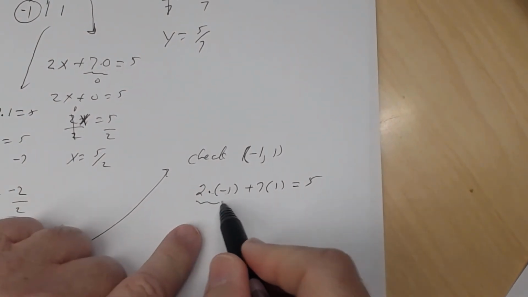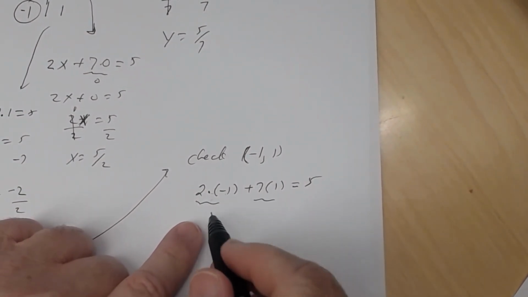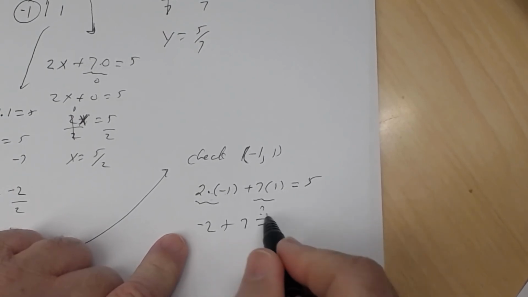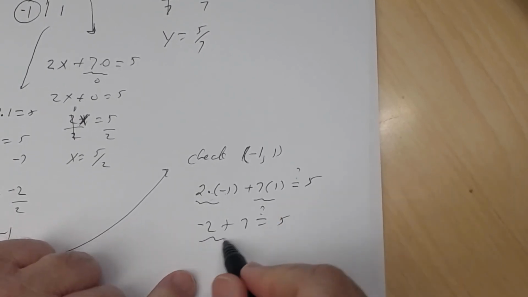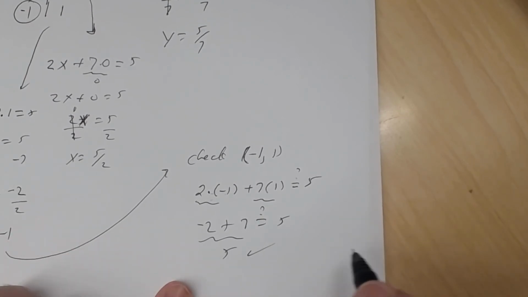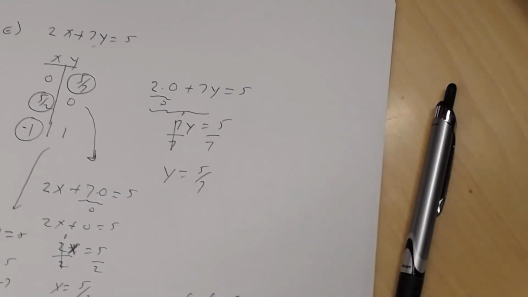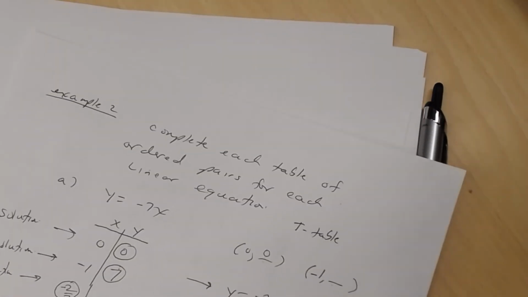Order of operations, let's multiply first. 2 times negative 1 is a negative 2, plus 7 times 1 is 7, and the question is that equal to 5? And the answer is yes, so that's a true statement. 5 equals 5.